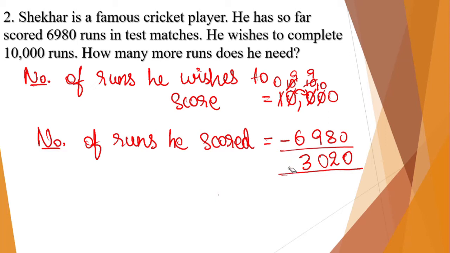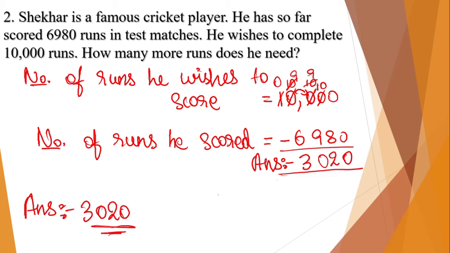So we will ignore them. So no need to write it. Then we will get our difference as 3020. Then our answer for this question will be also 3020 only, right? So if the difference is 3020, our answer will also be 3020 only. So this was the second question.